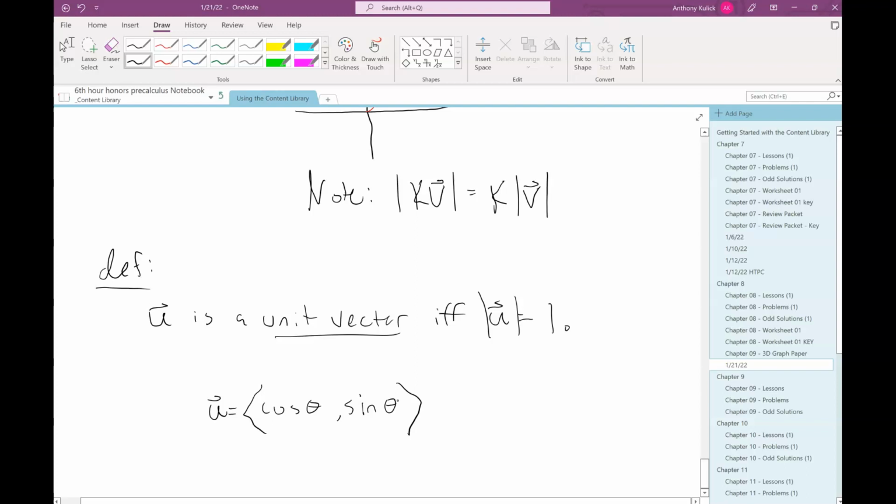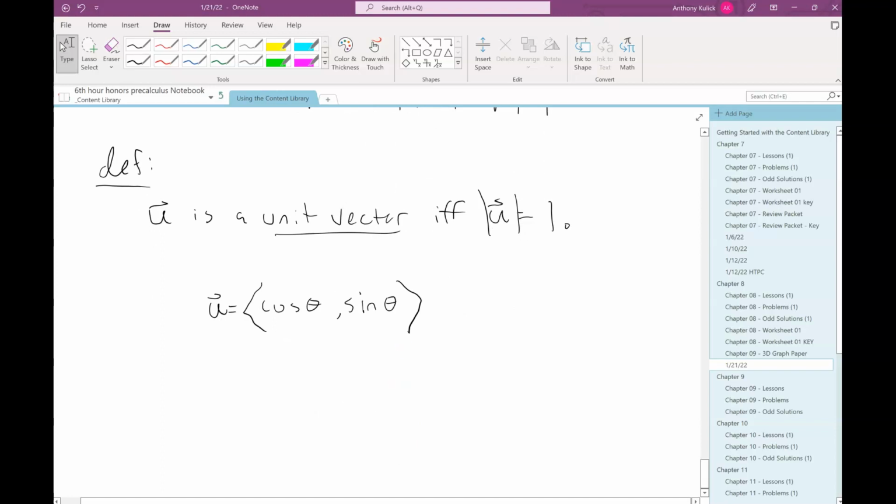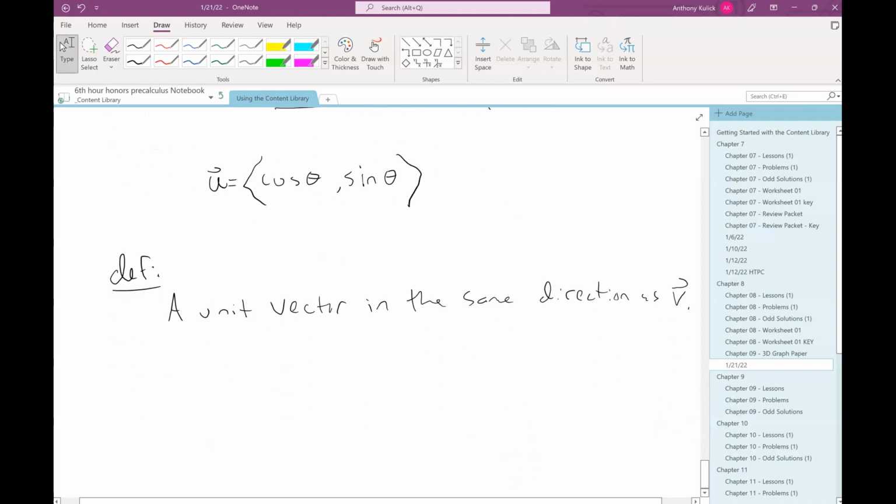So one thing that we're going to be interested in is getting a unit vector in the same direction as a specific vector.